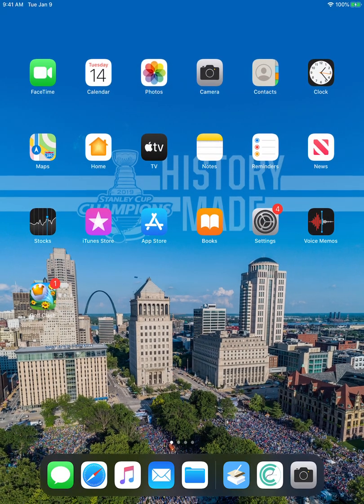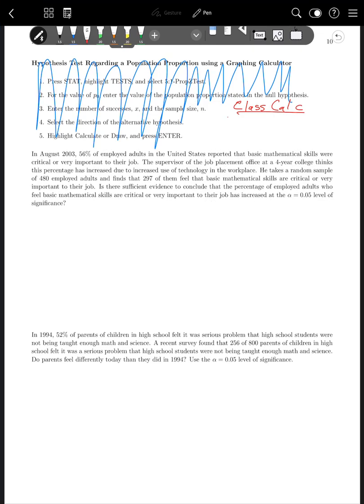Okay, so in our ClassCalc, we're going to do one prop z-test, and we're going to enter our p naught, our x, and our n. And our p naught is from the hypotheses.